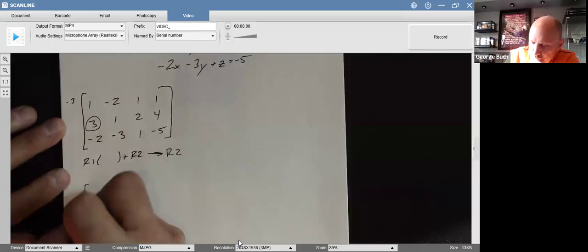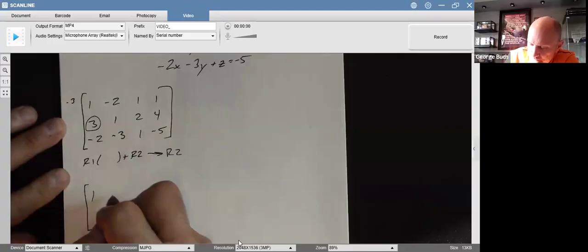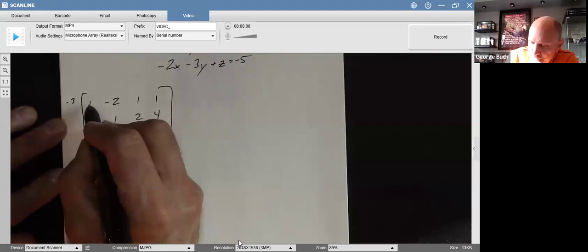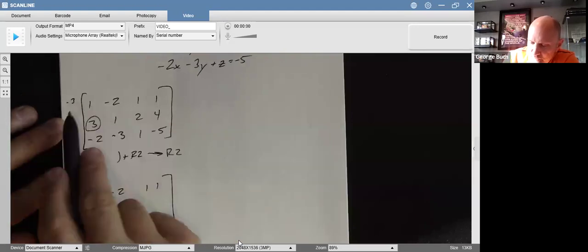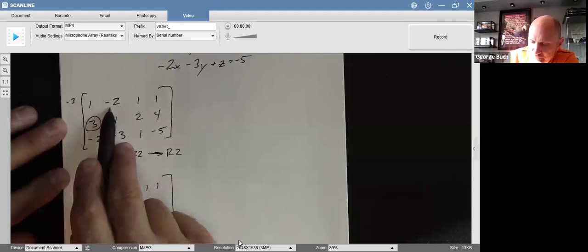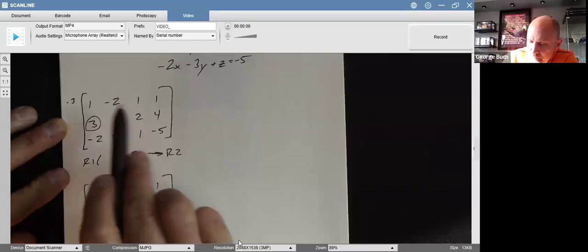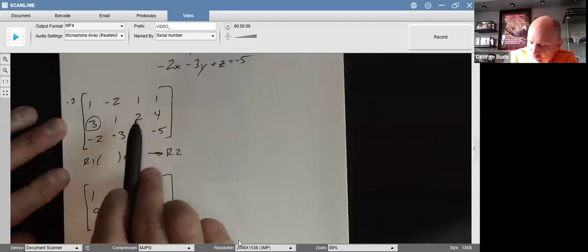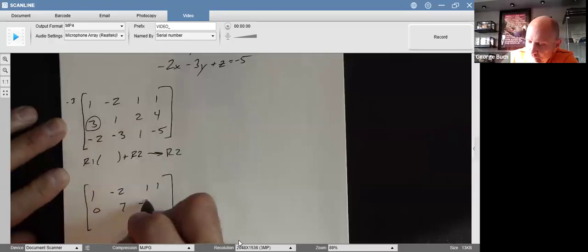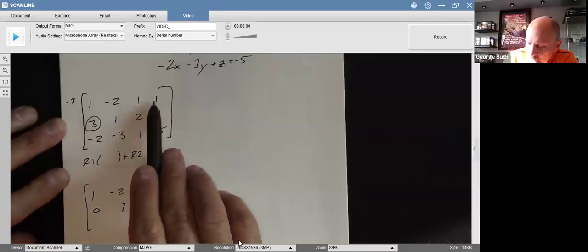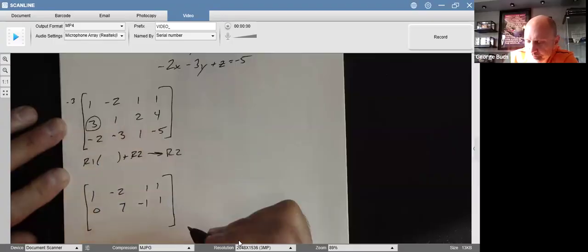I'm going to leave the first row alone the whole time. So negative 3 times 1 is negative 3 plus 3 is 0. Negative 3 times negative 2 is positive 6 plus 1 is 7. Negative 3 times 1 is negative 3 plus 2 is negative 1. Negative 3 times 1 is negative 3 plus 4 is positive 1.